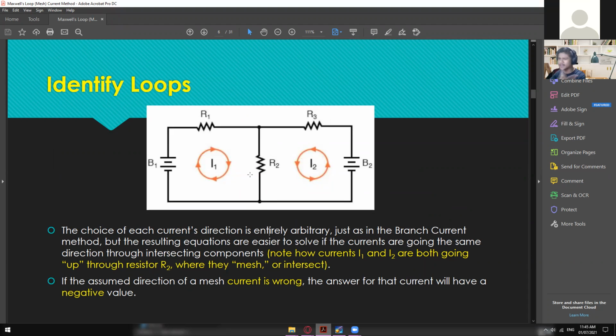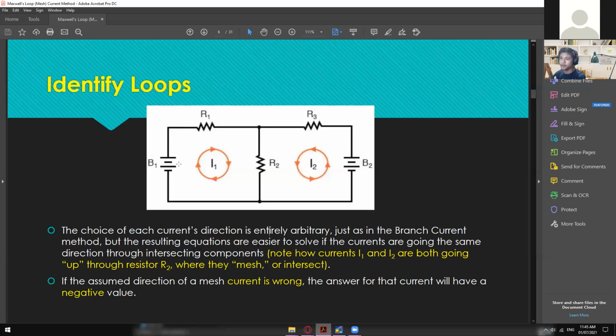How do we identify the flow of that mesh or of that loop? In my case, I always base it on the outer part of the voltage source. I always go with the positive leaving polarity of the voltage source. Wherever there is a positive, that is the flow of the current.